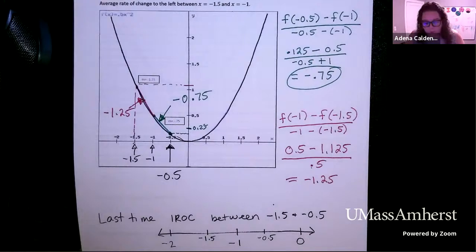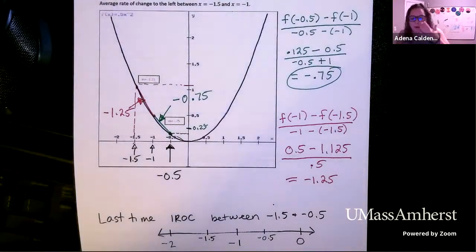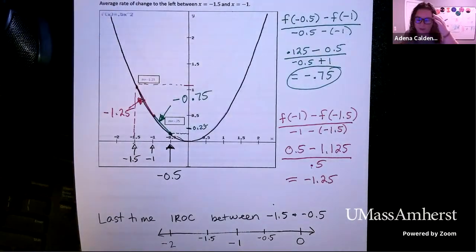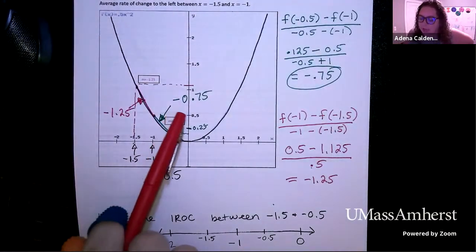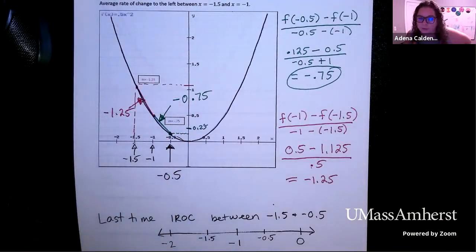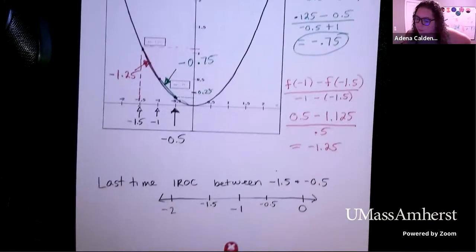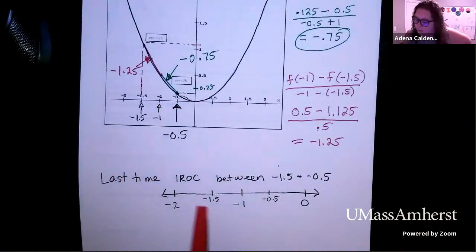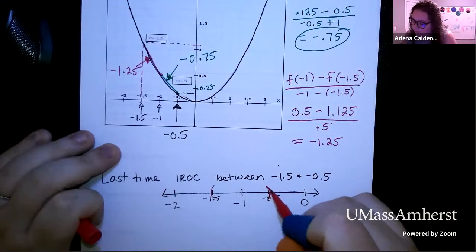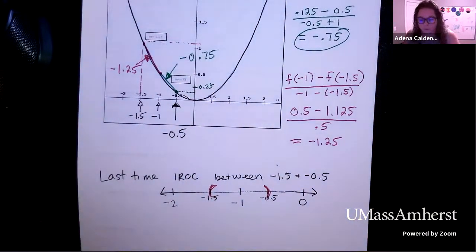Okay. So what I want to do is remind you that when we do the average rate of change on the left and the right, we know our instantaneous rate of change has to be between them. So we know our instantaneous rate of change has to be between -0.75 and -1.25. In the first example we did, when we were 1 unit away, we had found that we needed to be between -1.5 and -0.5. This was our interval from the first round.